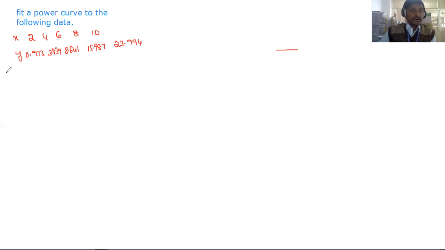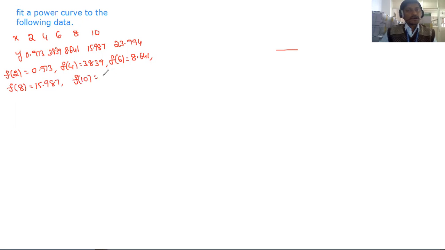In some cases they mention it like this also: f of 2 is equal to 0.973, f of 4 is equal to 3.839, f of 6 is equal to 8.641, f of 8 is equal to 15.987, and f of 10 is equal to 23.994. Like this also they can mention.